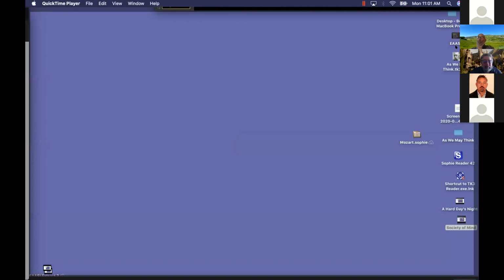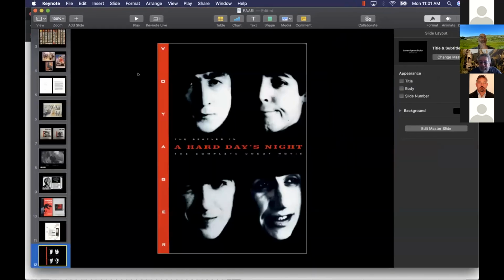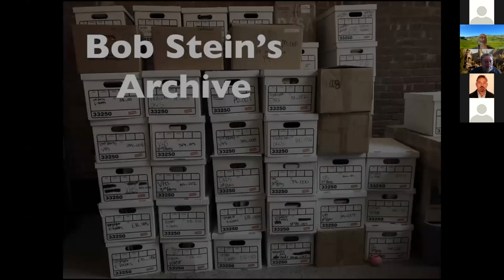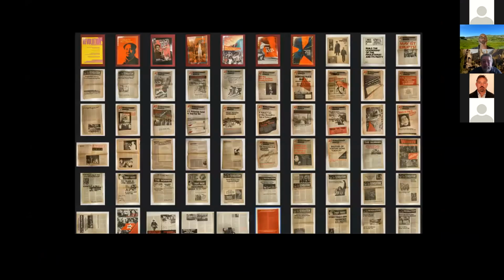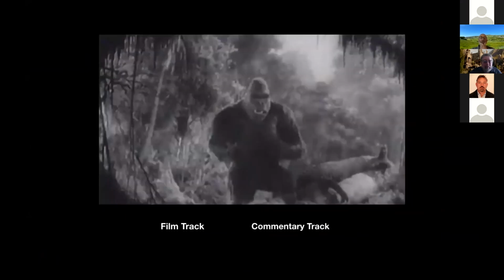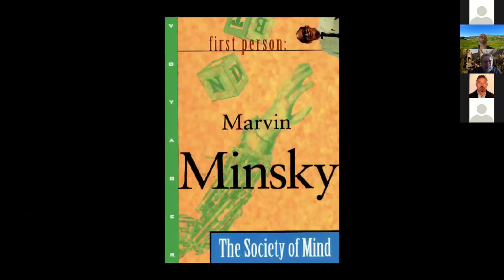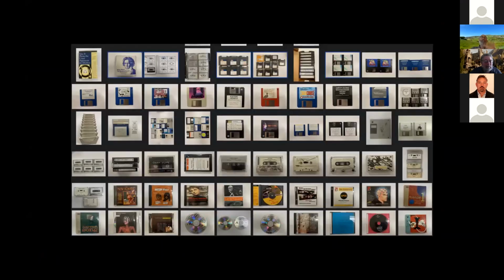So let me just really quickly show a couple more things. One of the things, when this sort of stuff got out from Voyager, people all over the world started sending us things, particularly artists.